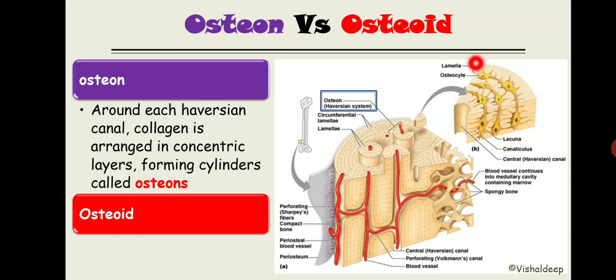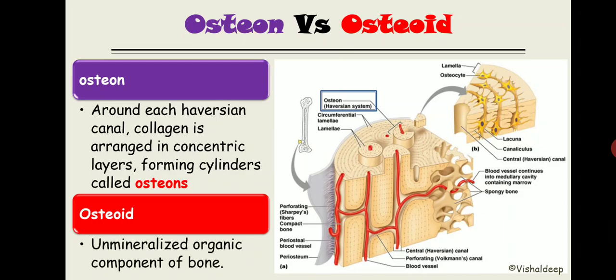So the portion of that osteon that is made up of only collagen fiber but does not have calcium and phosphate, does not have mineralization, that portion is known as osteoid. So by definition, osteoid is the unmineralized organic component of the bone. Got it? So osteon is a functional unit of the bone, and osteoid is the unmineralized organic component of the bone.